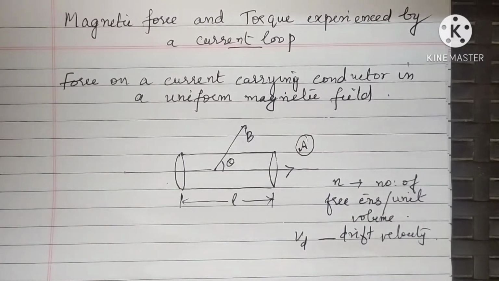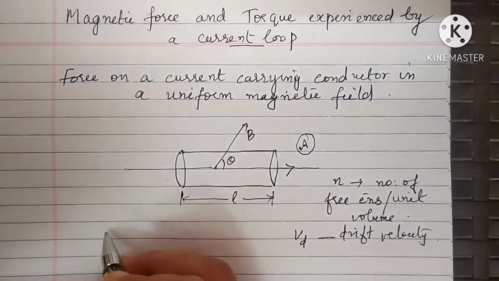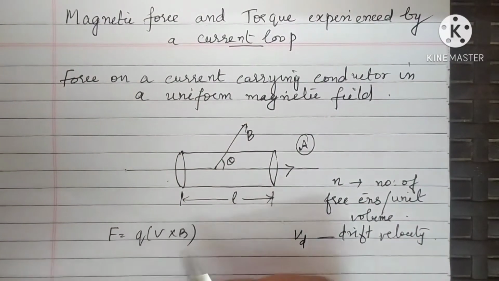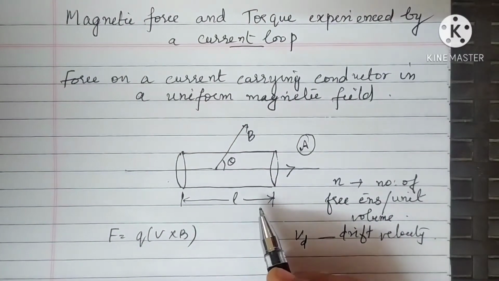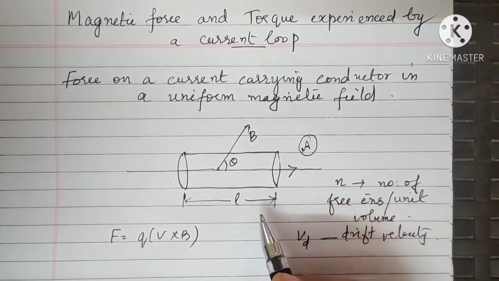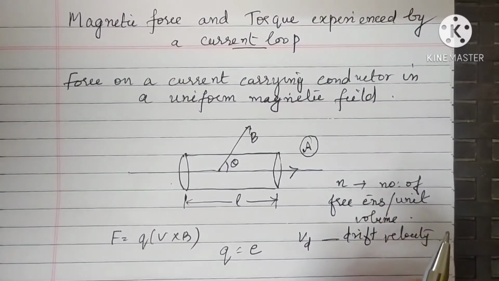So you have studied the force acting on a charged particle placed in a magnetic field is given by the expression F is equal to Q into V cross B. Isn't it? Here we are considering the electron as a charged particle. So instead of Q we are taking e. Clear?